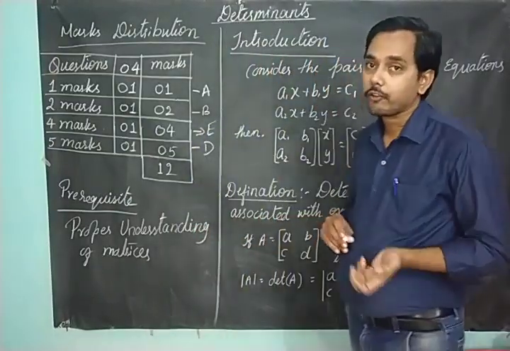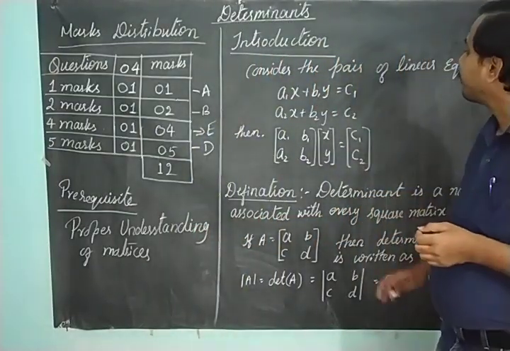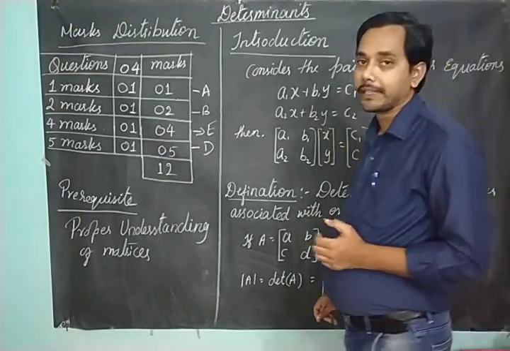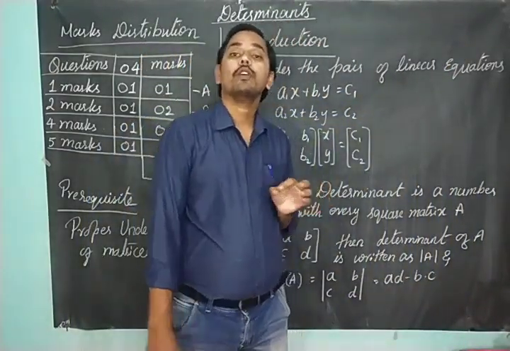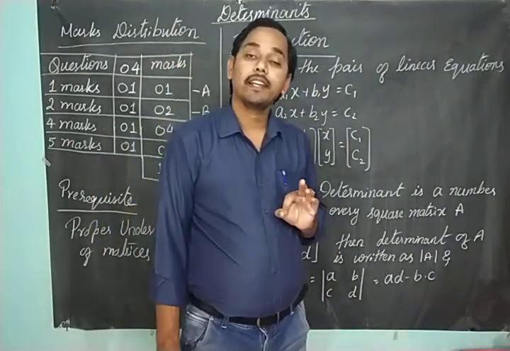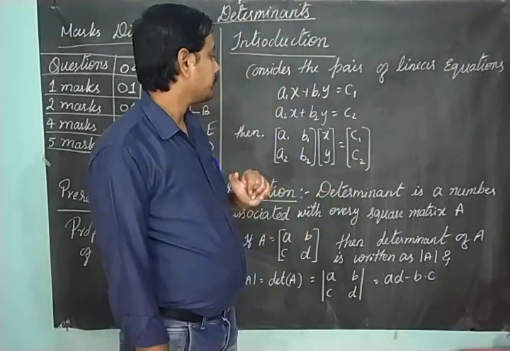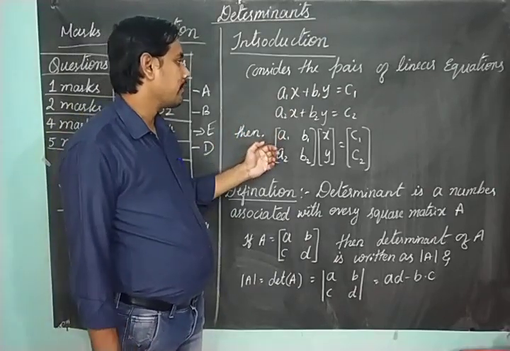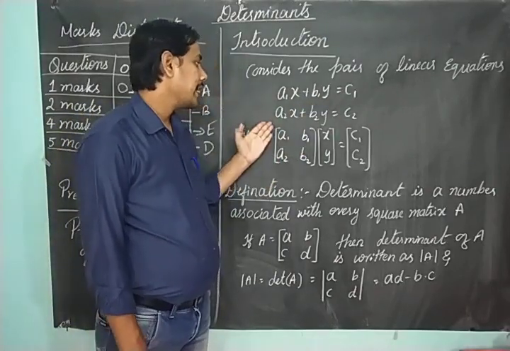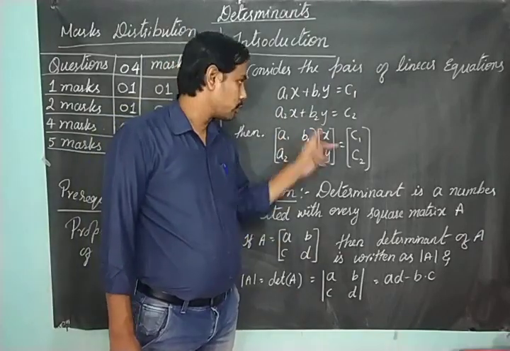One more application of matrices is to represent equations, which we have also seen. It is very useful to represent linear equations. Let us consider a pair of linear equations: a1x plus b1y is equal to c1, a2x plus b2y is equal to c2. Both are linear.